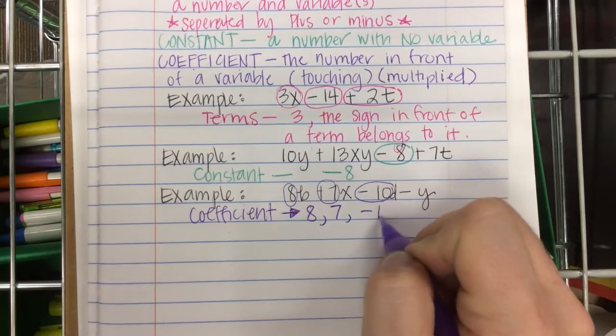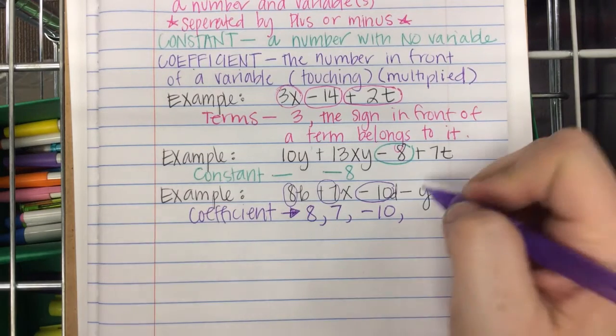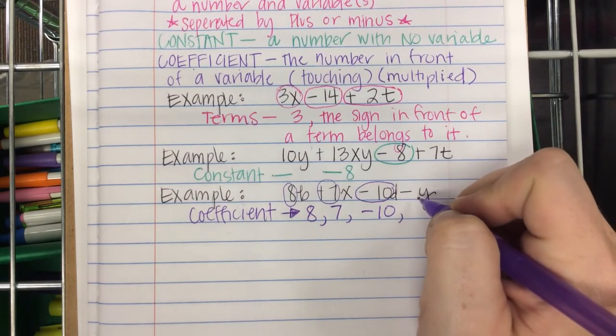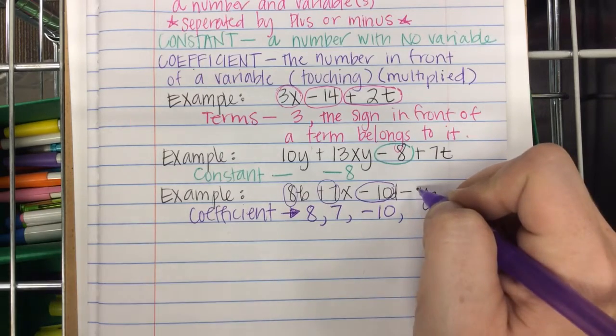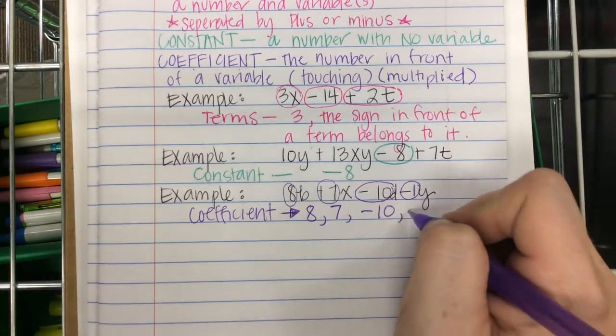Negative 10. And what's the last coefficient? BB? What number's in front of this y? How many y's are up there? 1, so I can put a 1 in there. And it's negative 1.